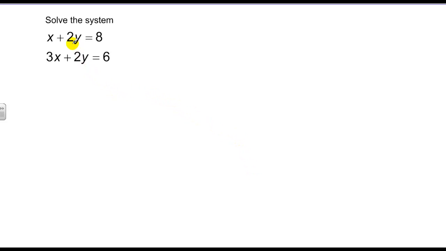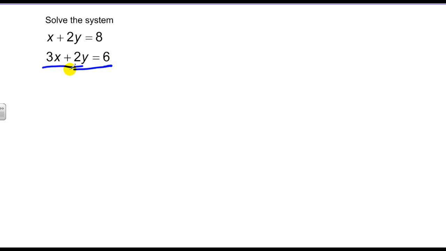Now, in this problem, you'll notice I don't have opposites. They're exactly the same. So rather than add, I'm going to subtract one equation from another. So in this case, I know 6 is equal to 3x plus 2y. If I were to subtract 6 from both sides, my problem would still be equivalent.